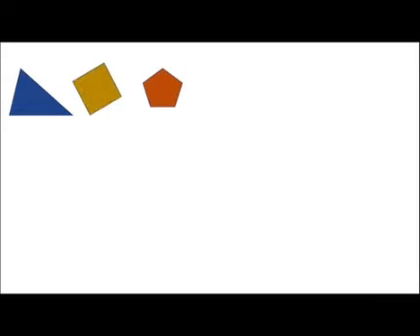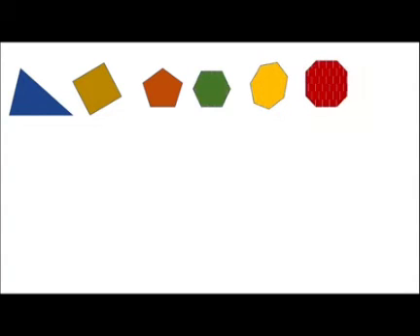Can you do that, children? The first one is a 3-sided polygon. The next one is a 4-sided polygon. Then 5 sides, 6, 7 and 8 sides. Have you all drawn these figures?